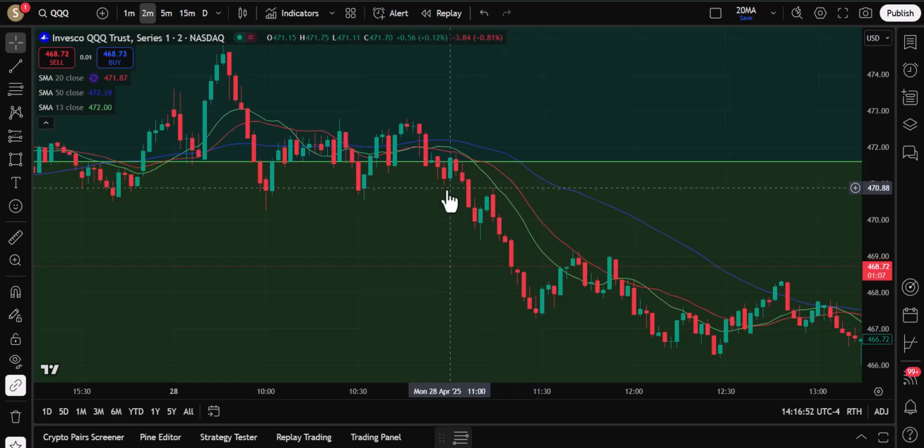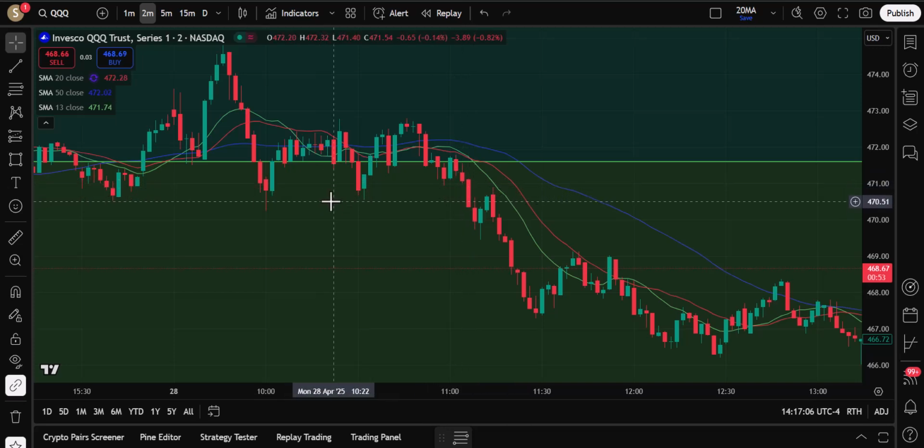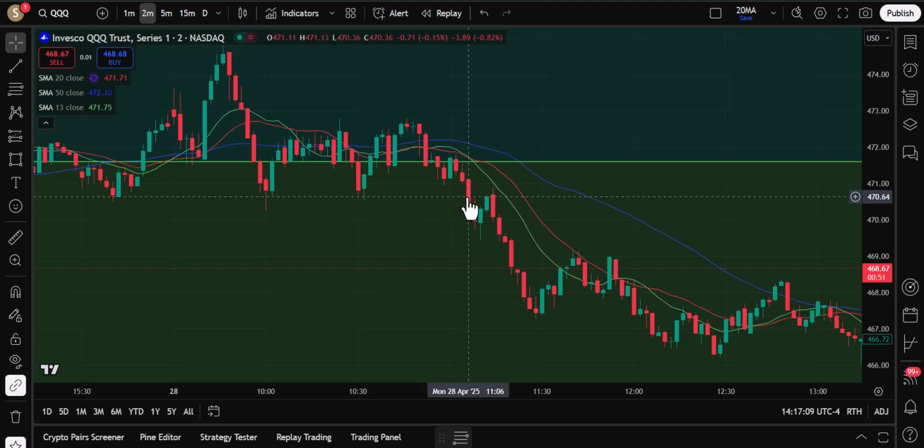Again, this is a 2-minute chart. You could short here, seeing what's happening in Tesla and Nvidia, or you can short on this candle as we break through the support. If you short on this candle, I use the high of this candle, which is 471.13, as a stop. So that's my stop level.